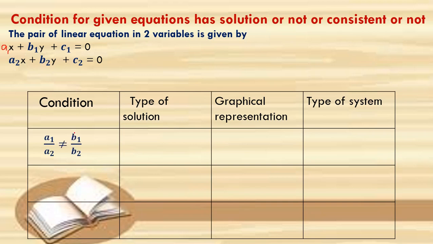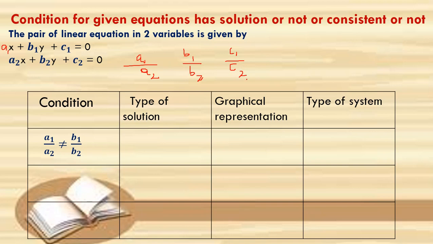So what we have to find out is a1 upon a2, b1 upon b2, and c1 upon c2. That means we are finding the ratios of the coefficients and the constant terms.